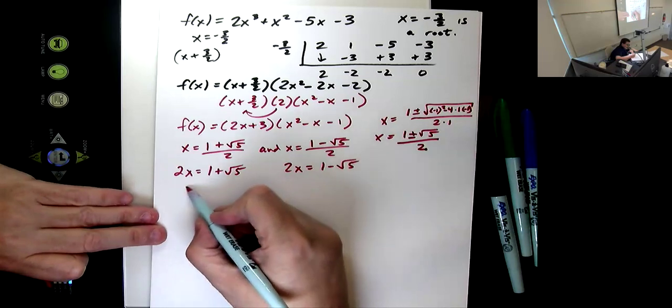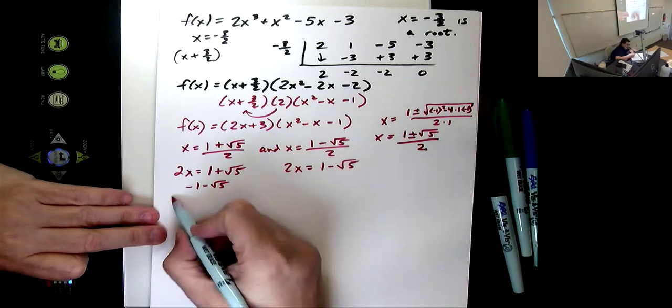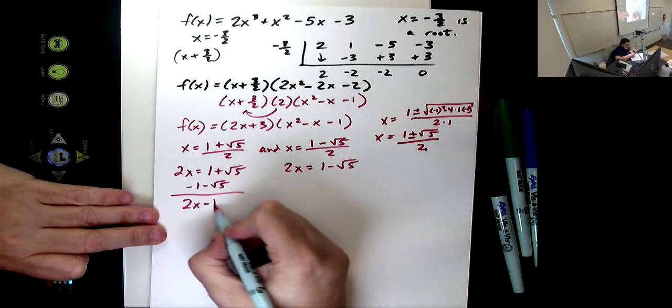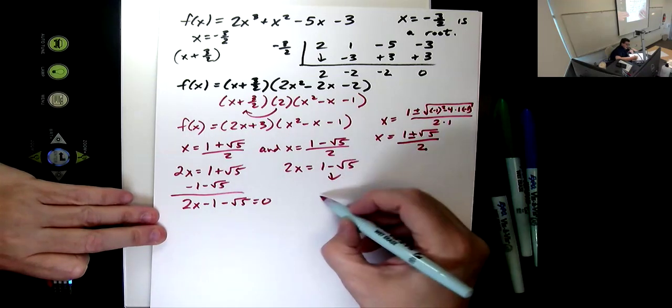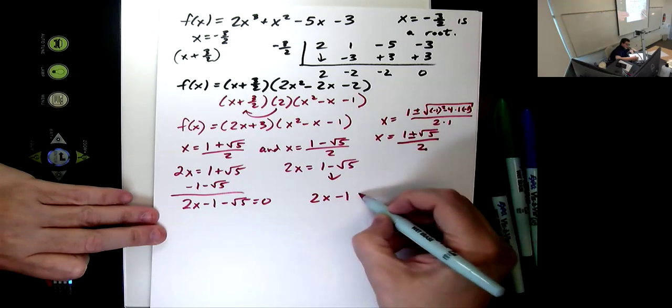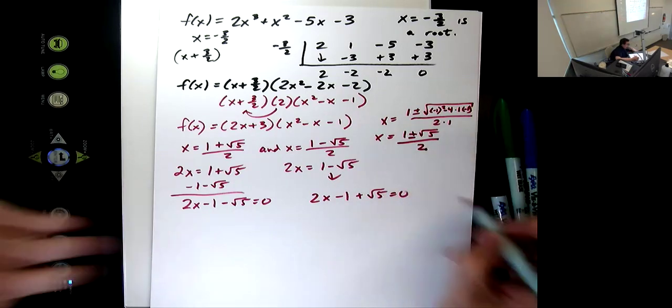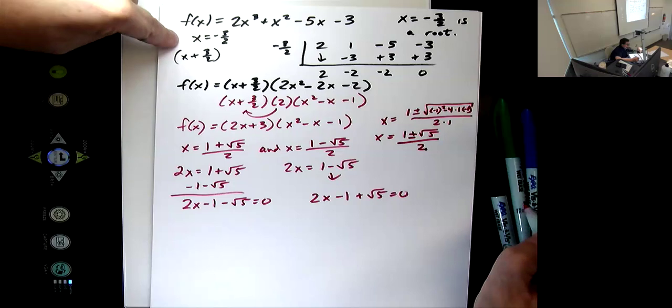And I will subtract 1 and square root of 5 from both sides. Just like I did up here where I moved it over.